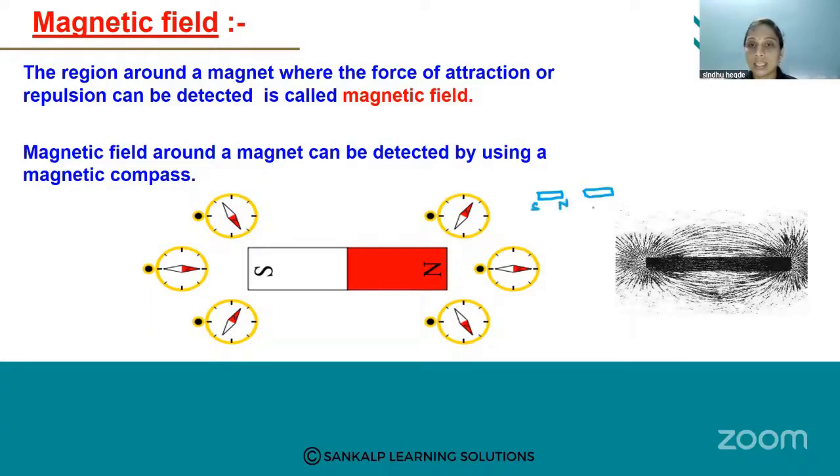Again, each magnet has two poles, south and north poles, right? When one magnet comes close to another, it gets attracted, right? When their unlike poles come close, they attract each other. Depending upon this attraction or repulsion property, we can say what the magnetic field is.